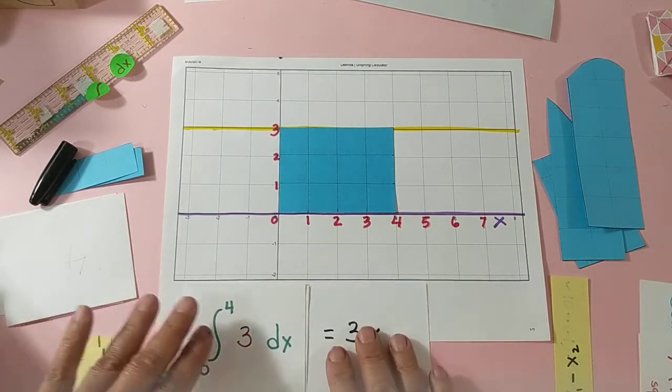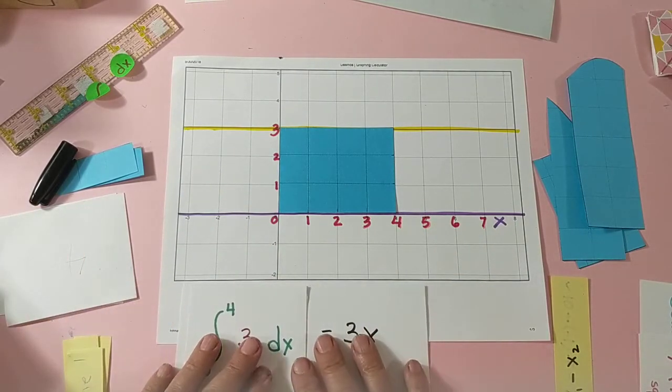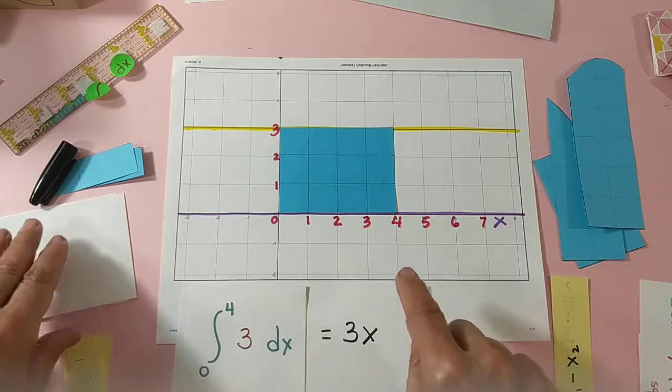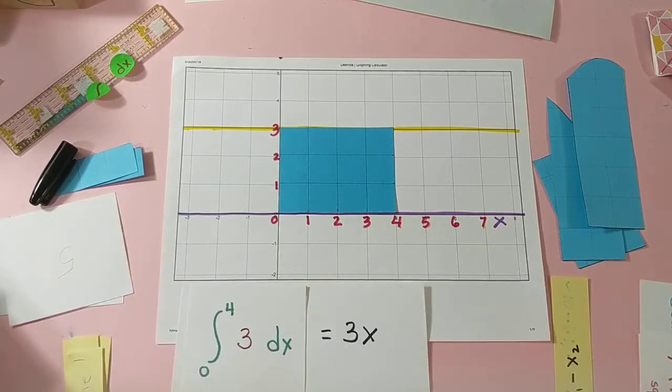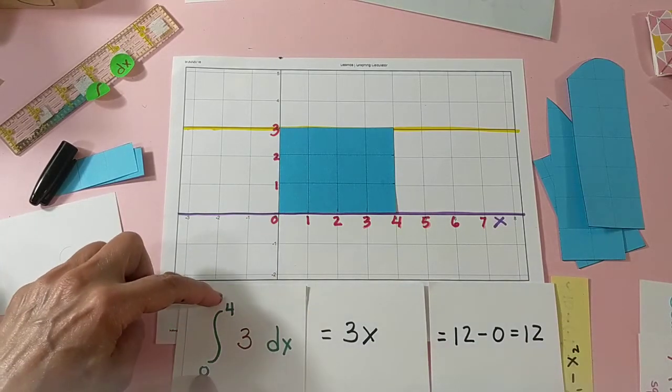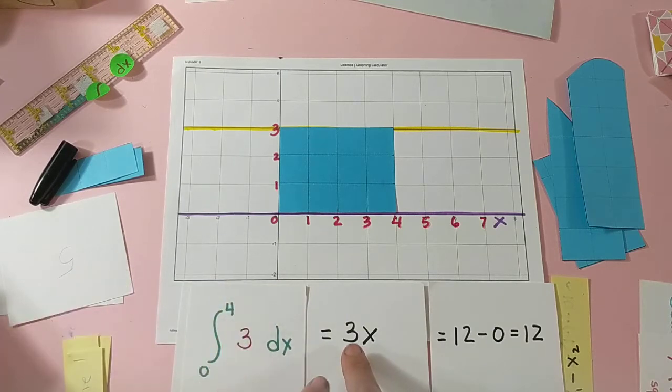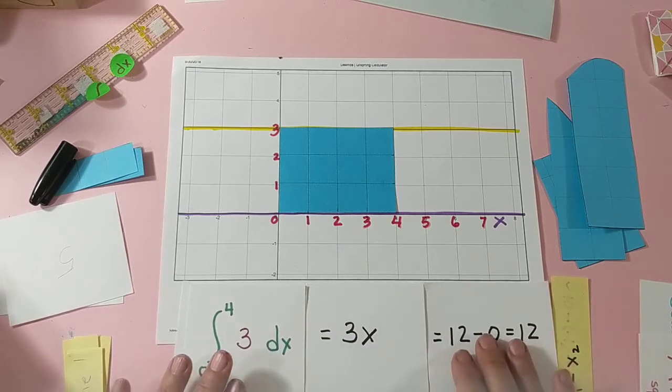And now this just becomes a subtraction problem, because these are my x's. I do 3 times 4 is 12, and then I subtract the lower boundary. In this case, it's 0. 3 times 0 is 0, and so the area is 12.